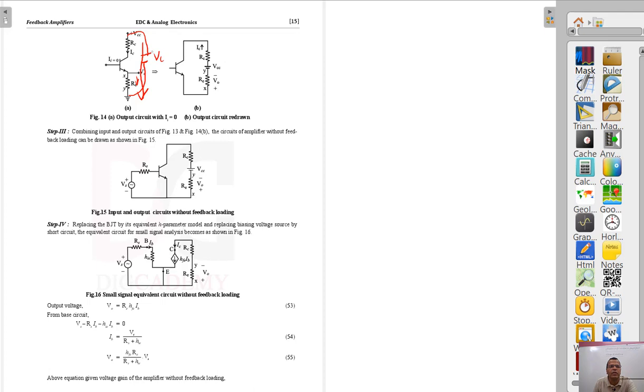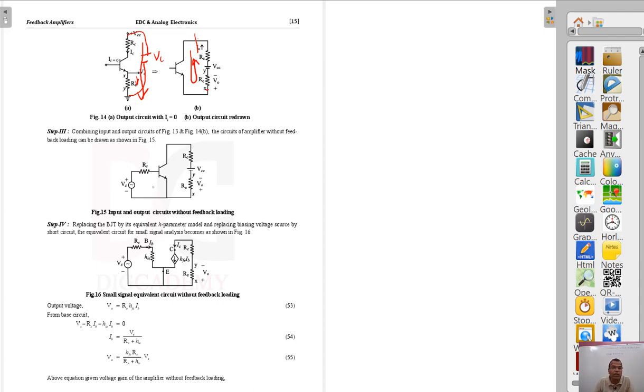Current IC was coming from supply VCC through RC. The terminal near the emitter is X, and the terminal near the negative is Y. So I have taken the complete output circuit, and this circuit is the output circuit without feedback loading.